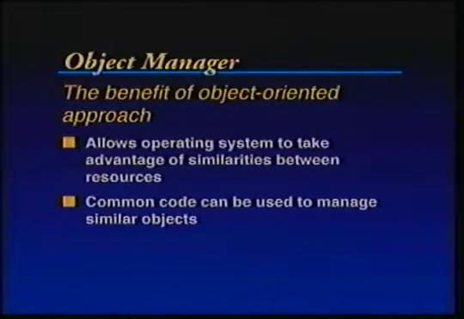The Object Manager, again, takes advantage of an object-oriented approach. With object orientation, you can take advantage of similarities between resources. When you think about it, dealing with files and dealing with memory are done in a very similar fashion. Each of them has some location.